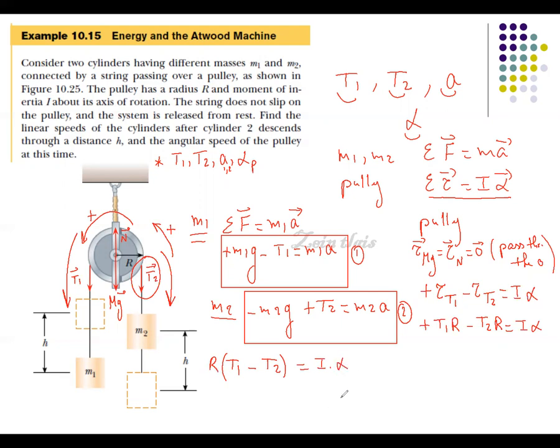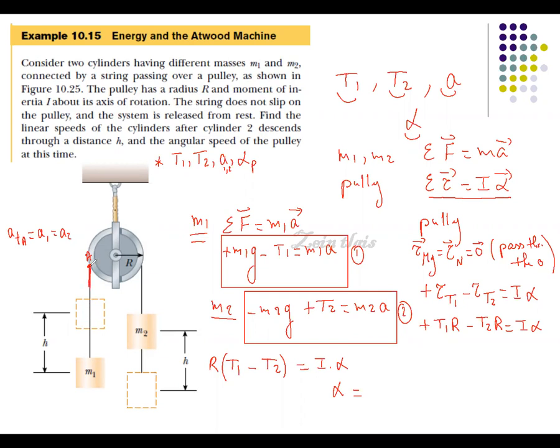You know, we have a relation between alpha and A. Look here. As before, for this point, the point A, the tangential acceleration equals A1 equals A2, because the cord passes through this point.